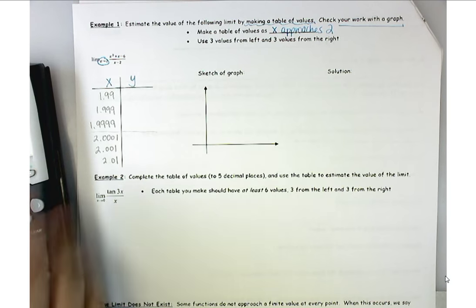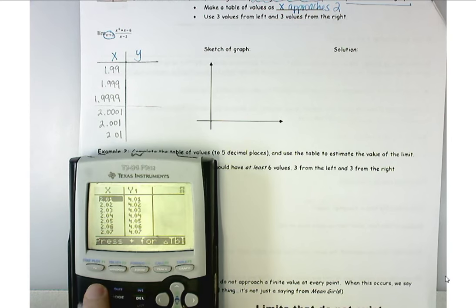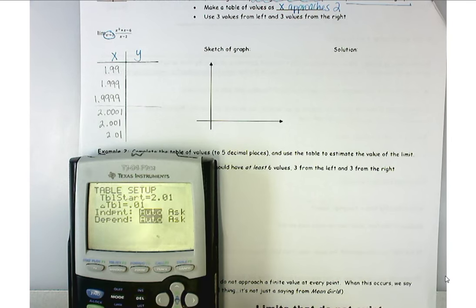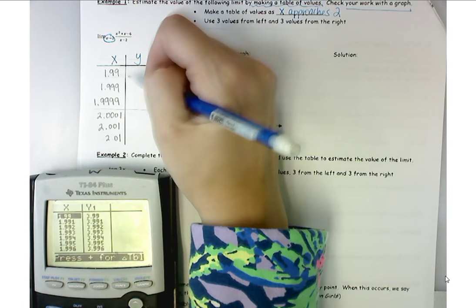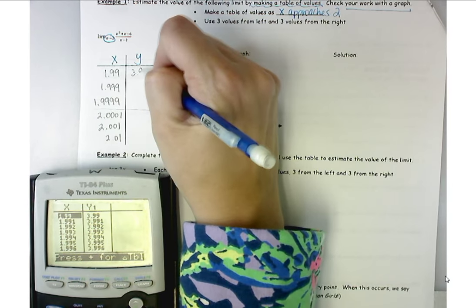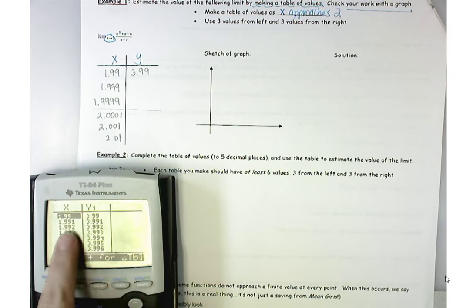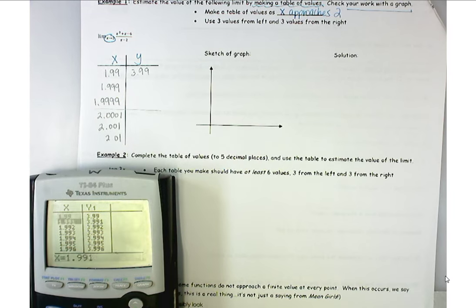Right, now again, you can use your table function for where you want to start. Okay, so then I know this would be 3.99. And I changed my table set to 0.001 so then I could just scroll down if I wanted.